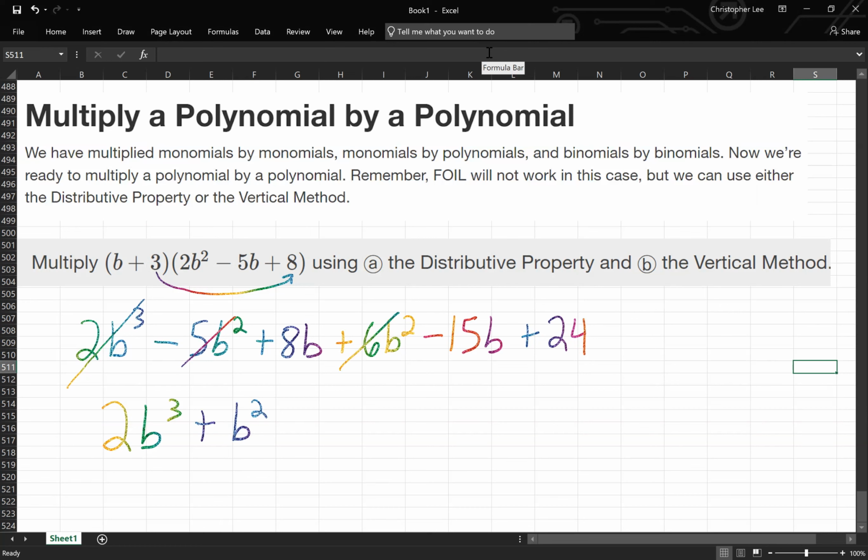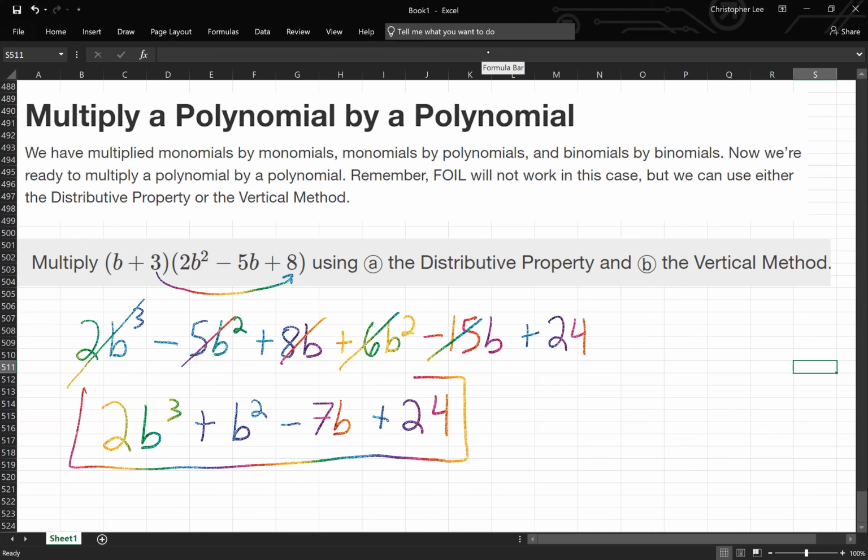That's going to give me what? I think negative 7b, right? And then, of course, we just have the positive 24. So we're just going to write that down, right? This is my final answer.